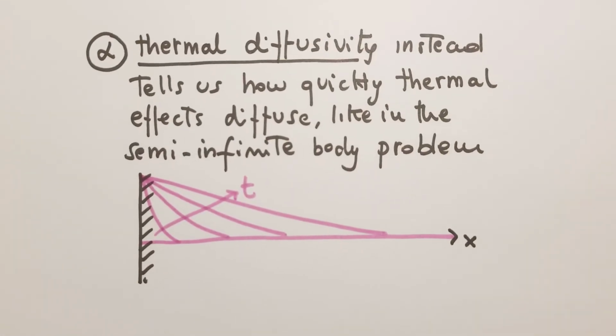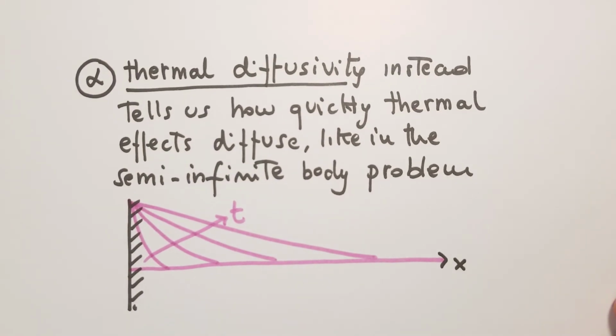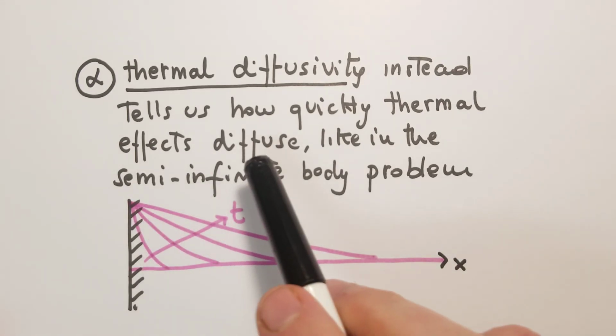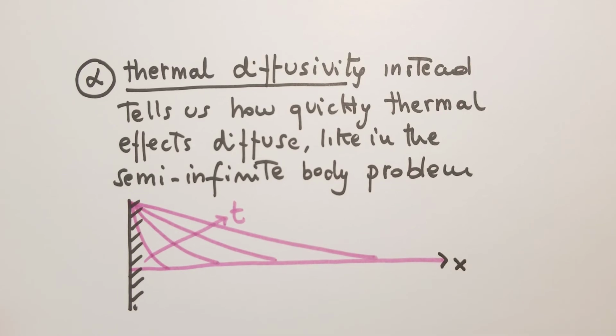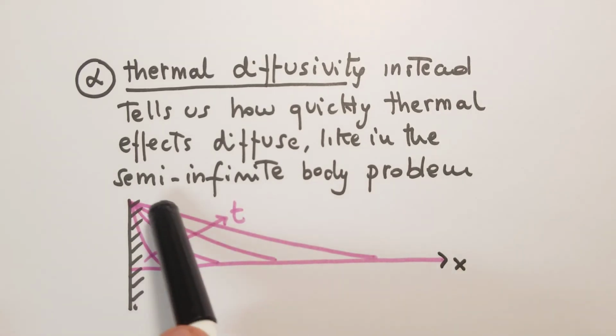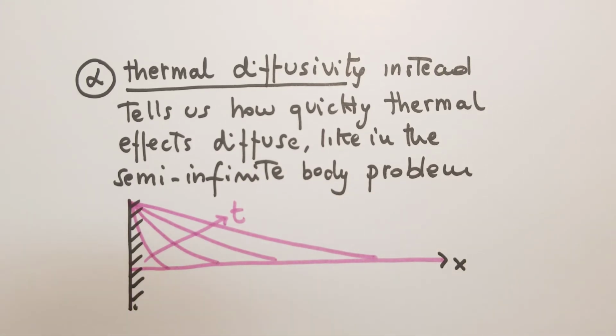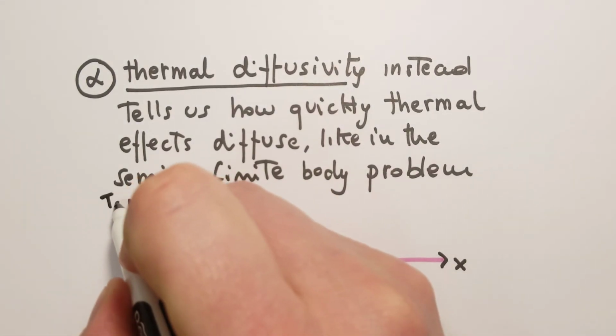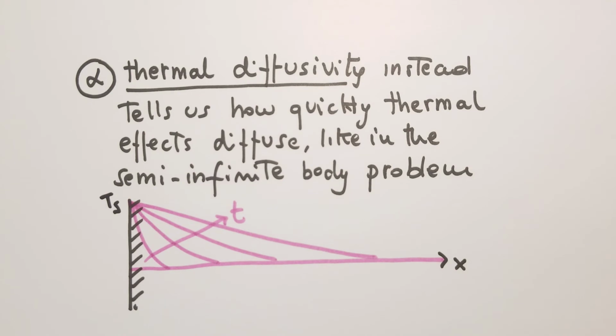So there's a strong analogy with the thermal effects, because we already discussed this about the thermal diffusivity. Thermal diffusivity of a fluid or also of a material tells us how quickly thermal effects diffuse. And we already discussed this when we studied the semi-infinite body problem. If you remember, we suddenly changed the temperature of the surface.